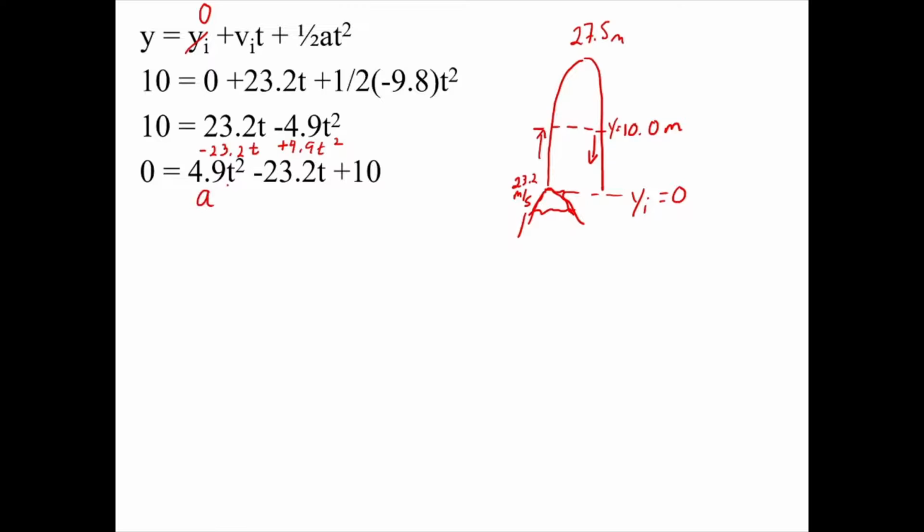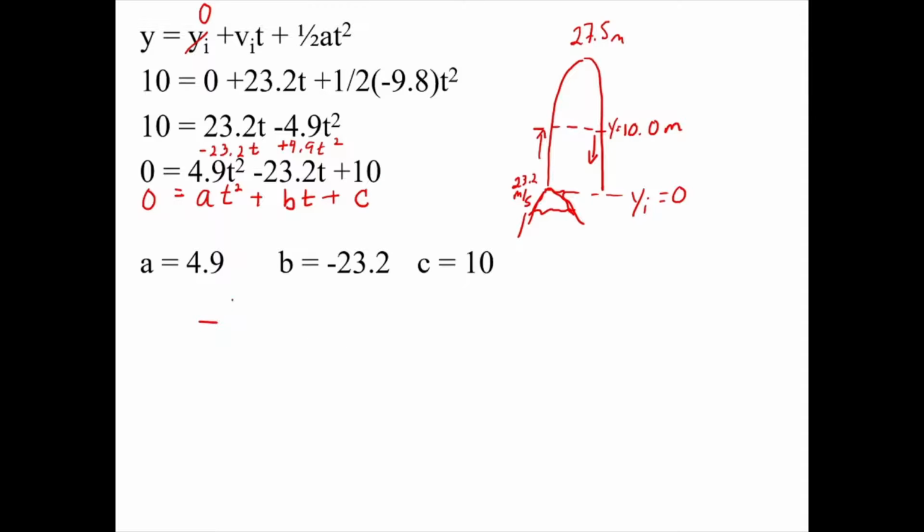We have something a times t squared plus b times t plus c, and the equation is equal to 0. Doesn't that look like the quadratic formula? Where a is 4.9, b is negative 23.2. Be very careful about your positives and your negatives. They're important. And c is 10.